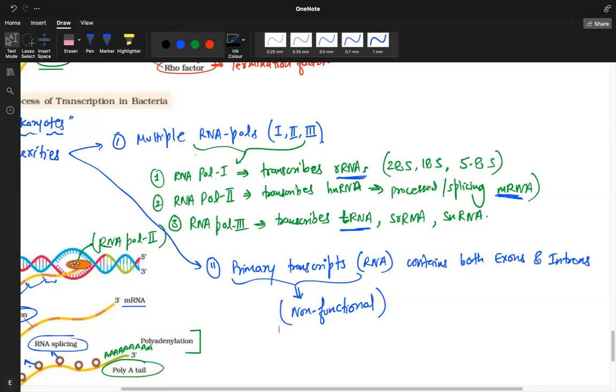RNA pol 1, as it is written, transcribes rRNA. Pol 2 transcribes mRNA through hnRNA, and pol 3 transcribes tRNA. So this is the first thing.